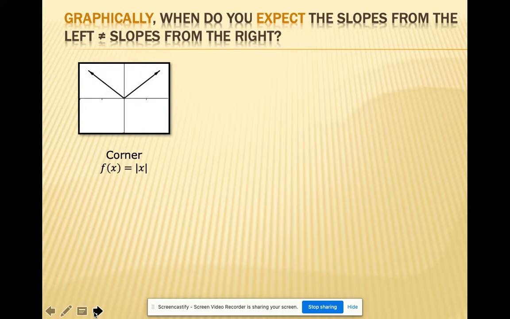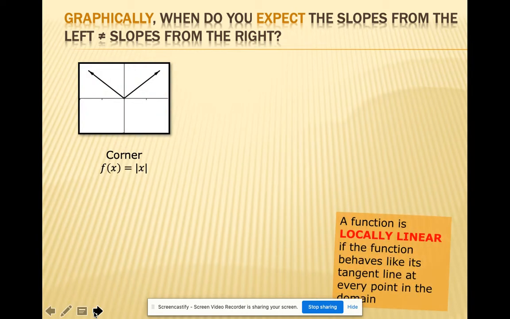Corners, right? In two dimensions, we talked about a corner, like absolute value. Remember, a function is locally linear if the function behaves like its tangent line at every point in its domain. So absolute value is not differentiable because no matter how far you zoom in on that sharp point, it will never straighten out and look like a line.